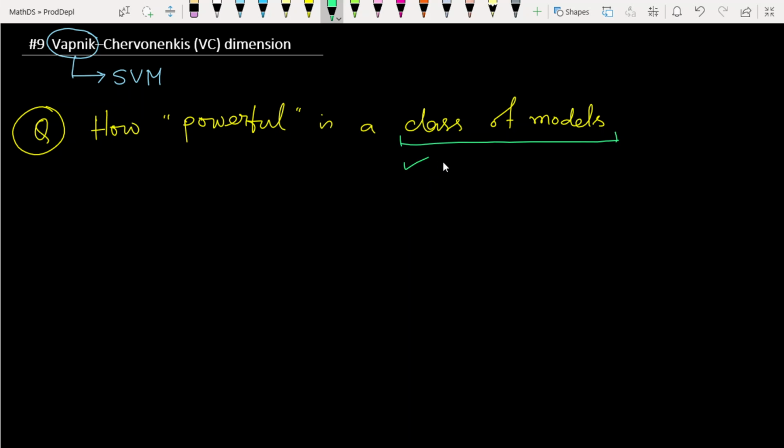You can think of linear models, or you can think of an RBF SVM, radial basis function SVM, or you can think of a boosting algorithm like that.